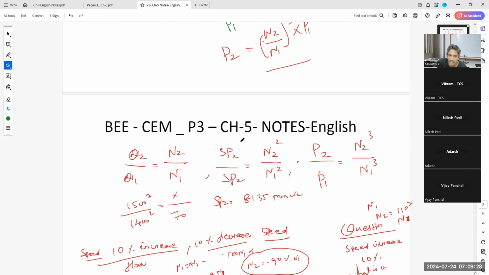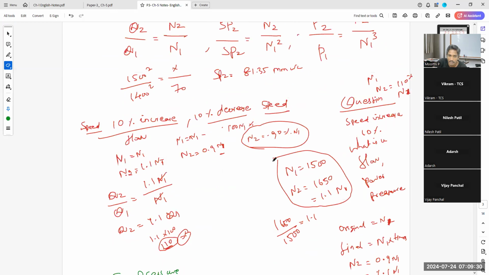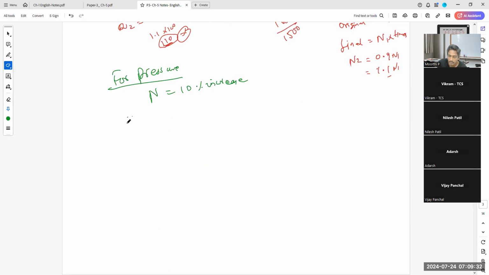We already discussed static pressure. This is the formula I am asking: static pressure 1, static pressure 2, equals N2 divided by N1, all squared. Always remember, this is square.